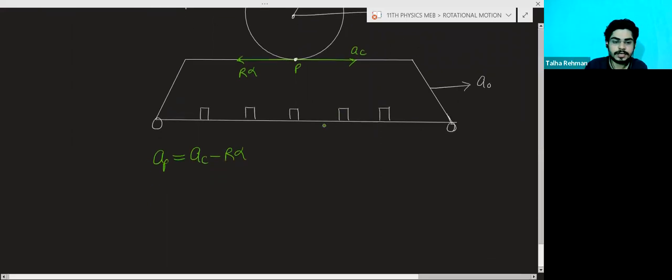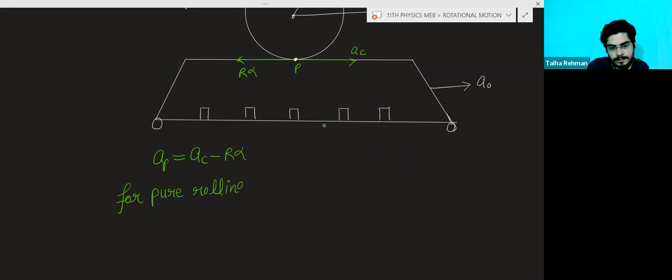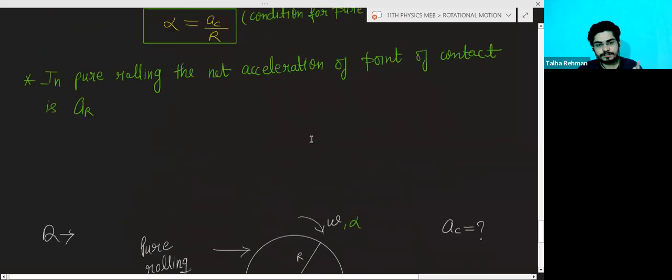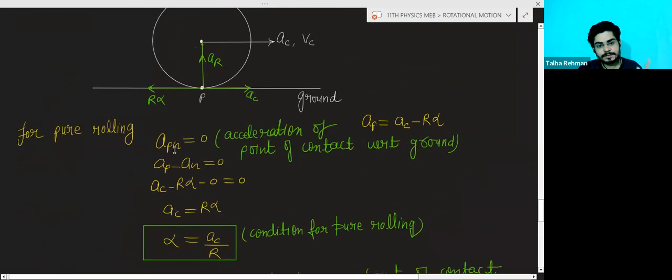Now for pure rolling, the acceleration of point P with respect to the ground should be 0, since the body is rolling on the ground.